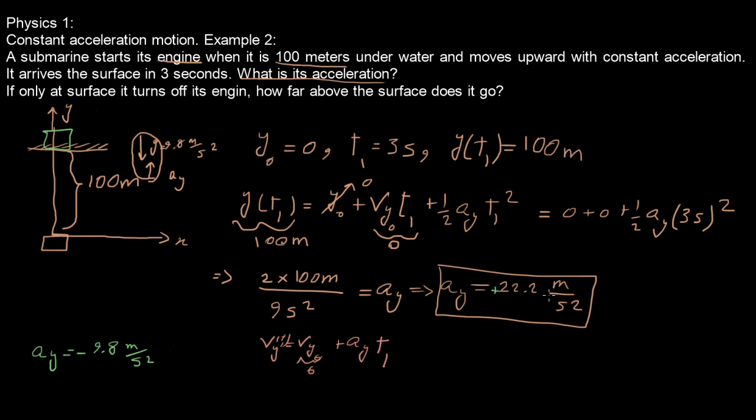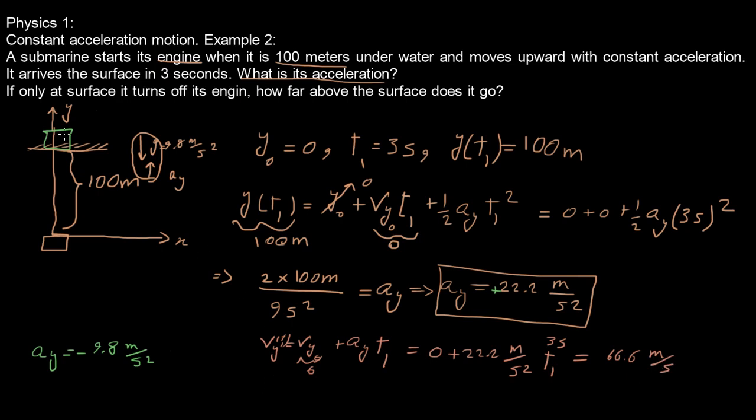So vy at time t1, and ay is the same as here. So it is equal to 0 plus 22.2 meters per second square times t1, which was 3 seconds. Therefore it is equal to 66.6 meters per second.